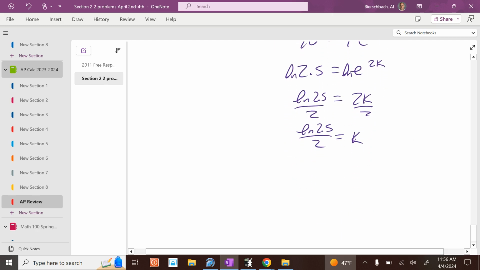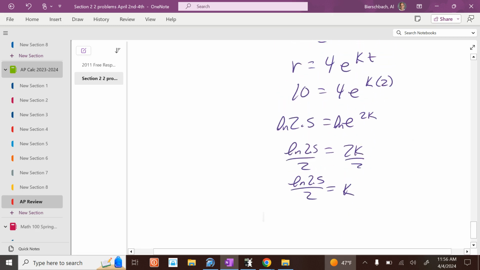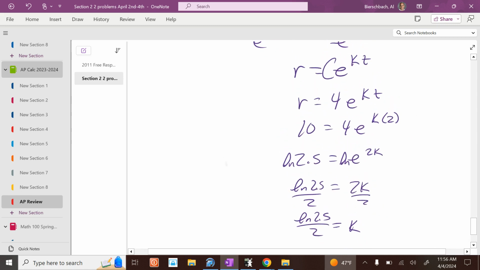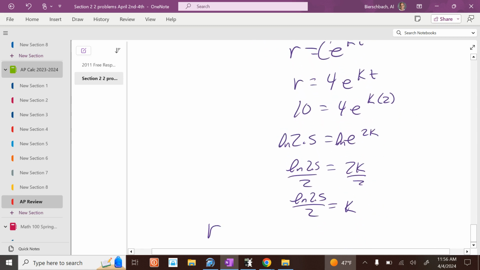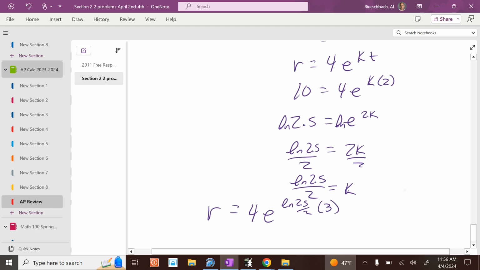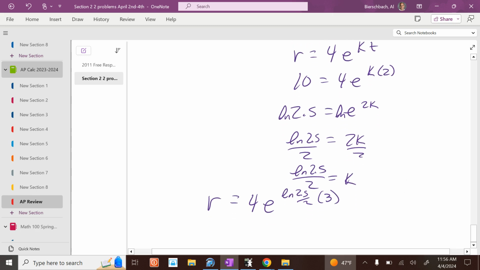We good? So we put that back into the equation for 3 seconds. So r equals 4e to the ln of 2.5 over 2 times 3. No, after 3 seconds. Yep. So if you put that into your calculator and do all your work, you should get 15.81, choice A.